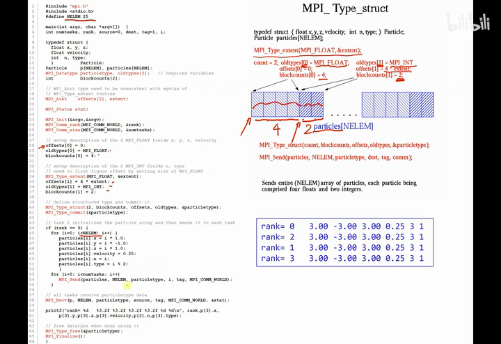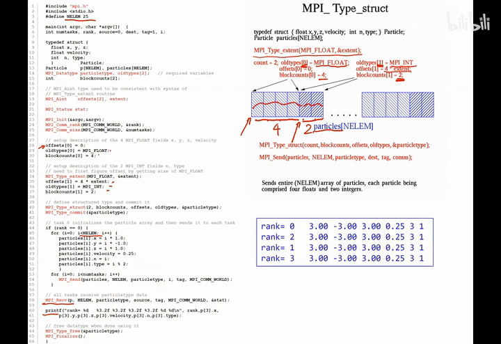And then we're going to send these 25 particles to all of the other processes. So every other process receives these 25 particles. The final thing is we're going to have all of the processes print out the information for the 3rd particle that they receive.